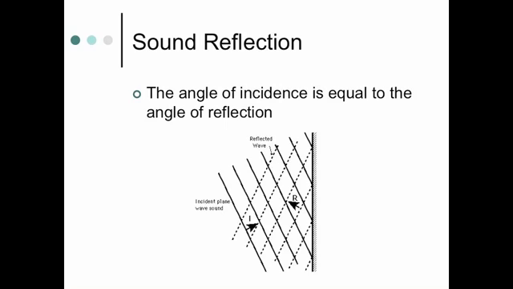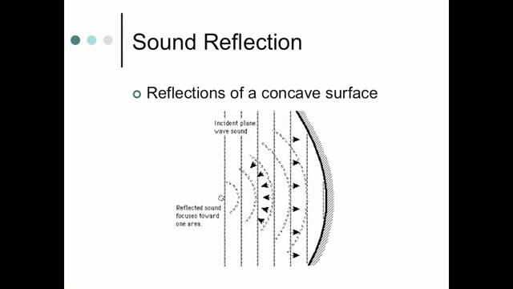This is on a flat surface like a wall, but let's take this one step further: sound reflection off concave surfaces. I'm sure we've all seen this at sports games, where the guys with the headsets are standing on the sidelines holding these big orange reflectors. They're orange parabolic reflectors, and they're really cool because they've got a microphone in the middle, and they point it across the field at the coach who's screaming at the player, and he can hear it all.